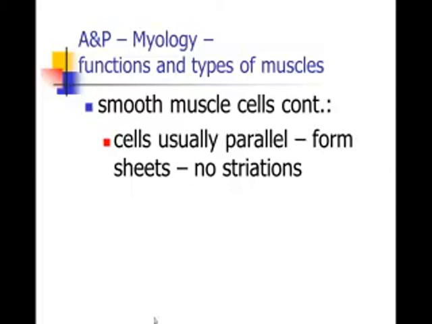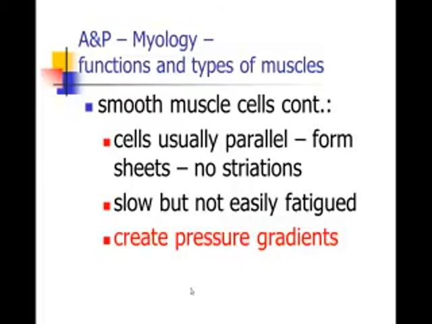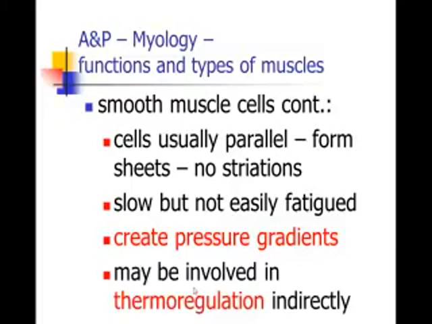There are no striations. They form sheets, and their muscle contractions are slower, but those cells are not easily fatigued. So what do they do? They create pressure gradients, and pressure gradients, we mentioned, are going to be used to move fluids or gases through the body.